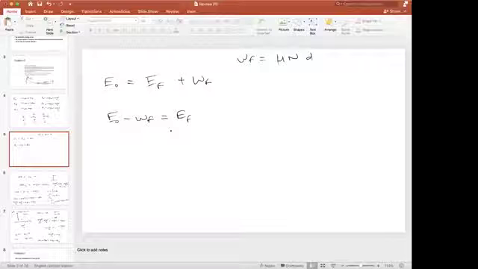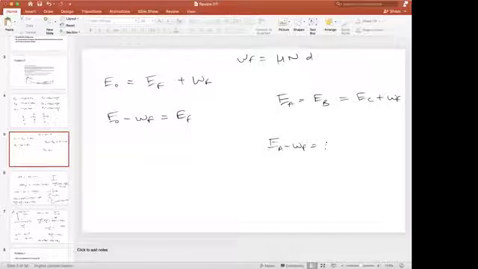In this problem, we can set EA equal to EB, and set both of them equal to EC plus work of friction. Or we could set EA minus work of friction equal to EB minus work of friction equal to EC. It's really up to you. I would do this top part.